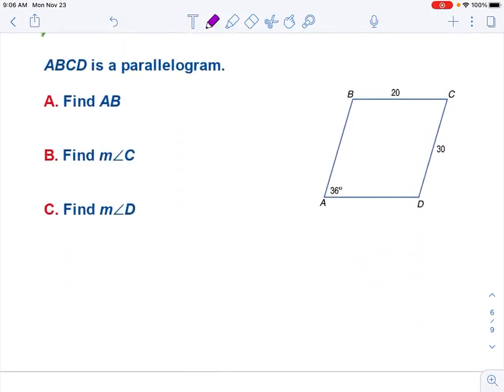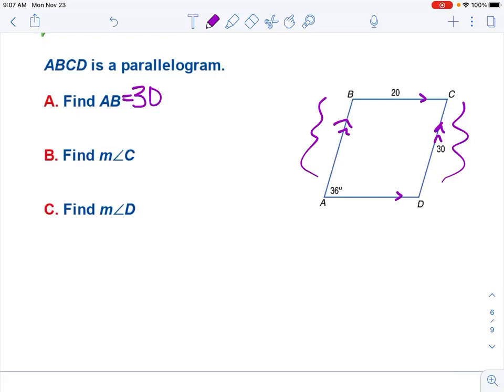Let's do another one. ABCD is a parallelogram. Perfect. We know that these sides are parallel and that these sides are parallel, and all the theorems we learned hold true. So if we are trying to find AB, this side is opposite this side, so AB must be 30 units.